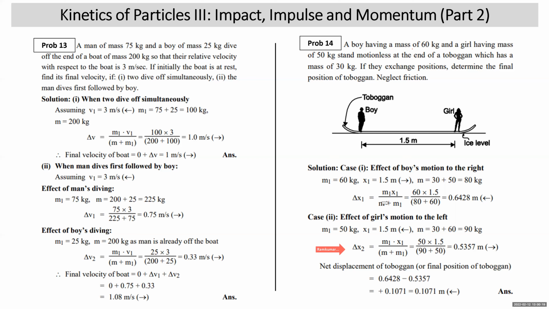In kinetics of particle 2 we covered the work energy principle. In kinetics of particle 3 we considered impact and impulse momentum. All three concepts were covered in two lectures each. So in total there are 6 video lectures for the entire chapter: 2 on part 1, 2 on part 2 and 2 on part 3.